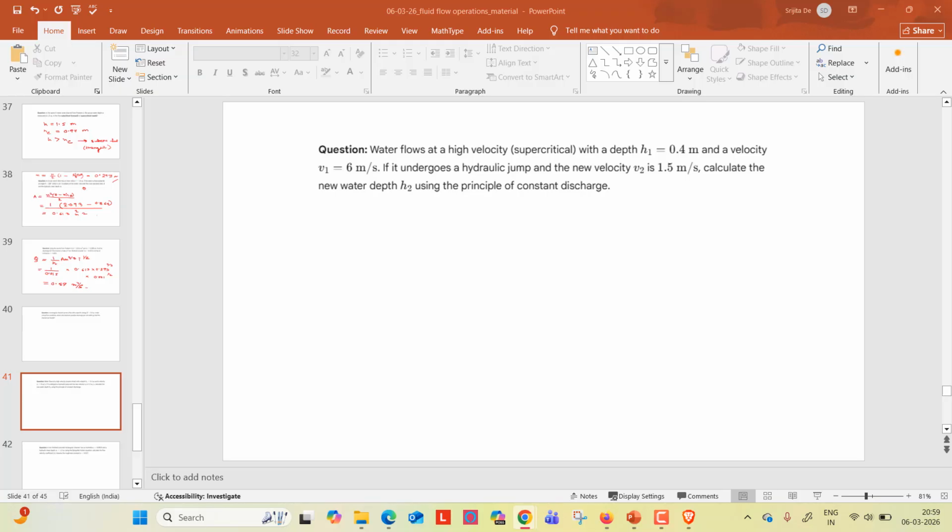So, principle of constant discharge is small q equals to v1 h1 equals to v2 h2, right?